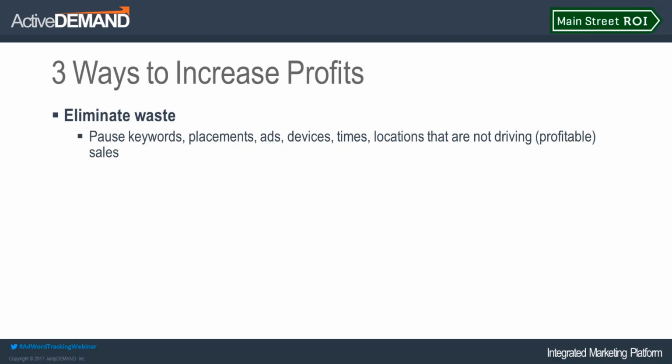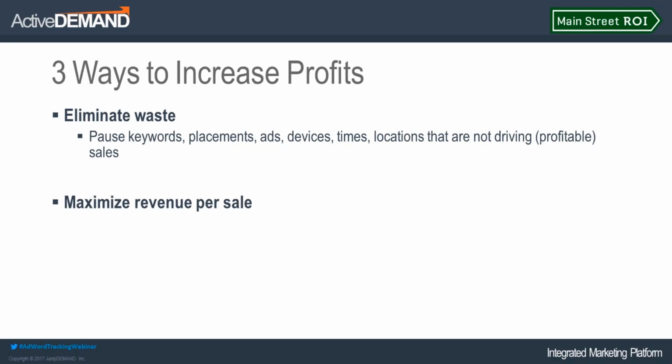That can be a big issue in a lot of accounts. There's a big difference between the performance on desktops versus mobile, even versus tablets. Time of day and geolocations. You can segment your data in AdWords and basically run a profit and loss or return on investment analysis for those different segments.